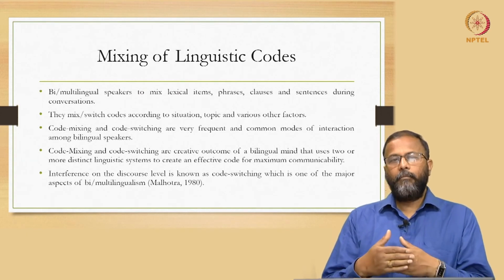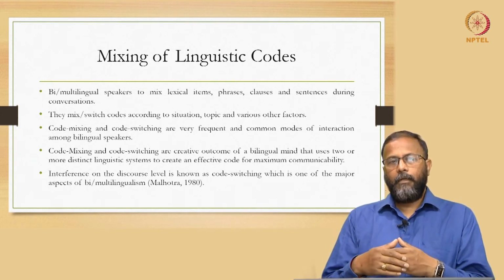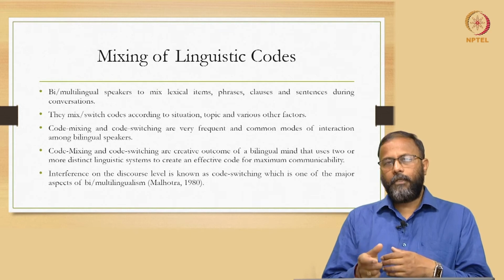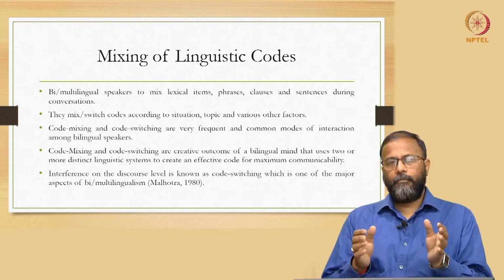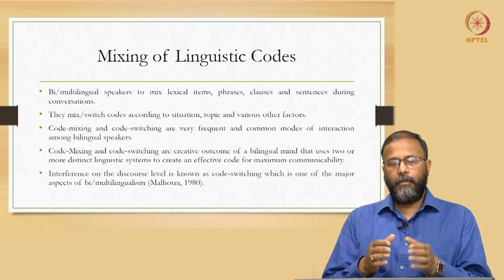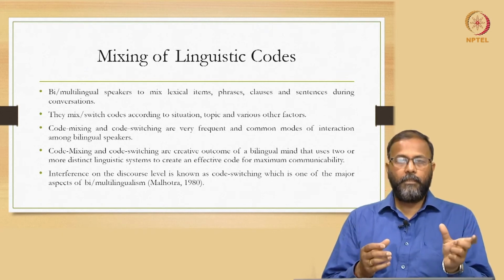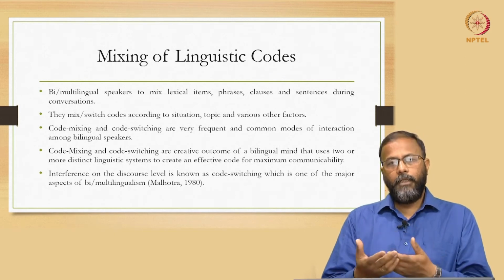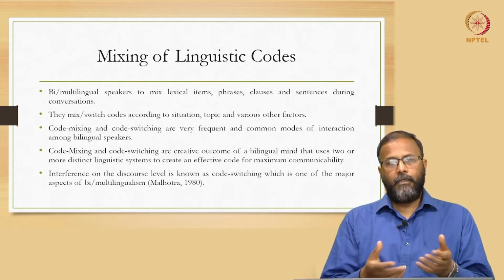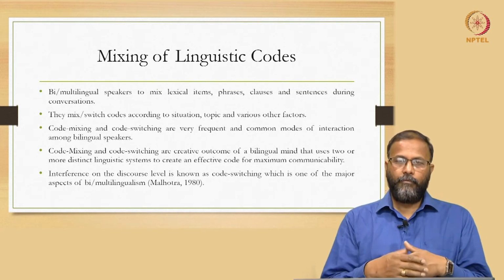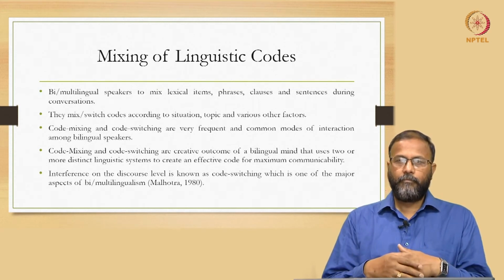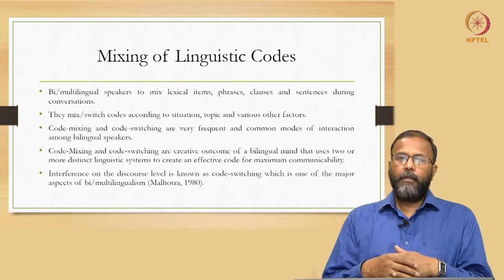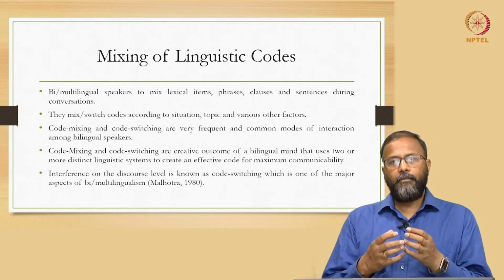This happens beyond the sentence level, and this is called switching. So, where certain chunks, sentences, utterances are in language B and the rest are in language A, you are switching from language A to B. And this is the difference between mixing and switching.